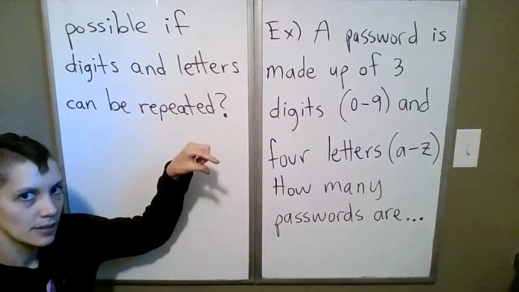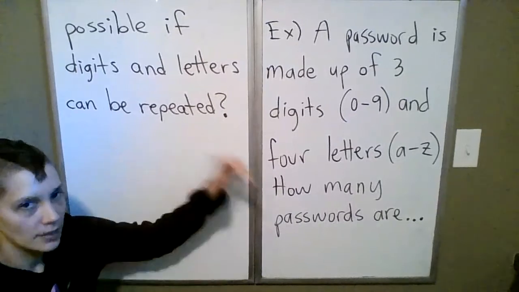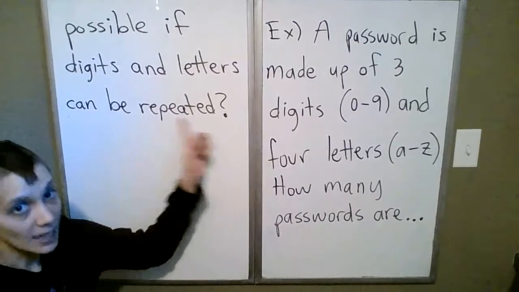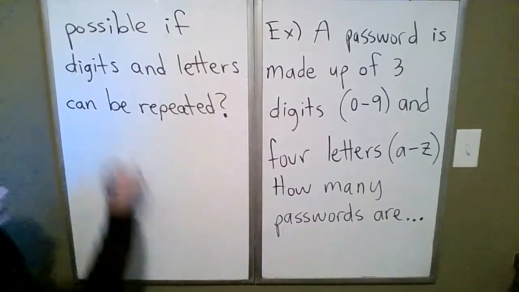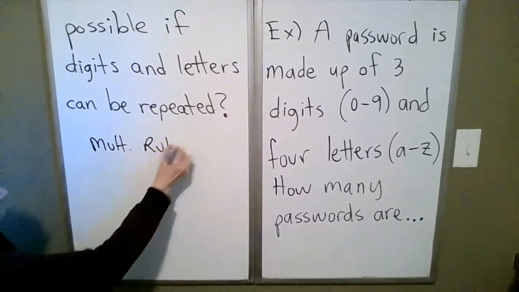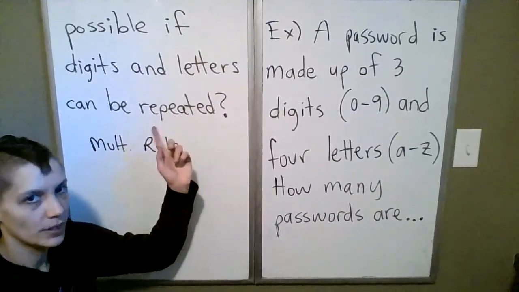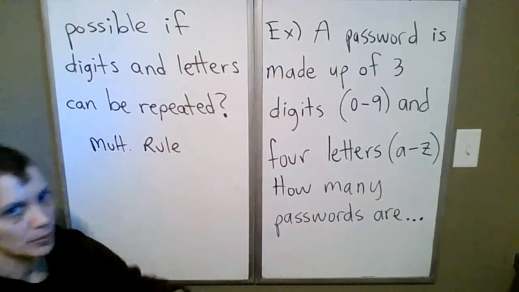So if you use, let's say, the number 2, in my next trial I can put 2 back and choose 2 again. So if you see that it can be repeated, you will use the multiplication rule. If it says not repeated or without replacement, you're probably looking at a combination or a permutation.